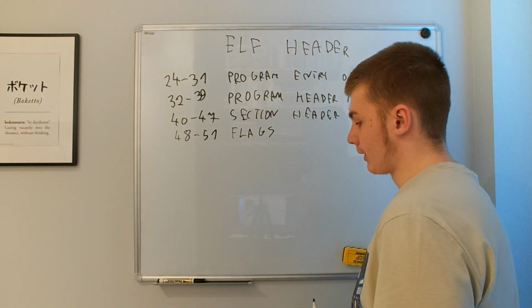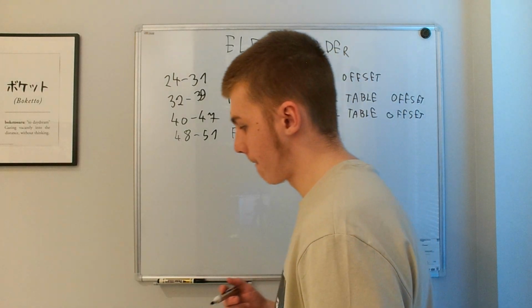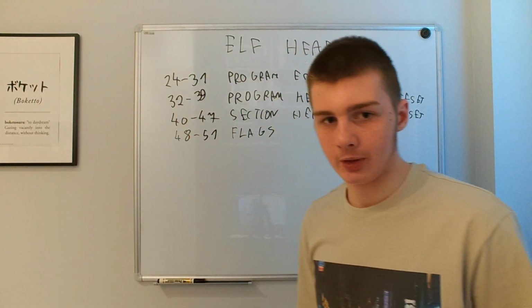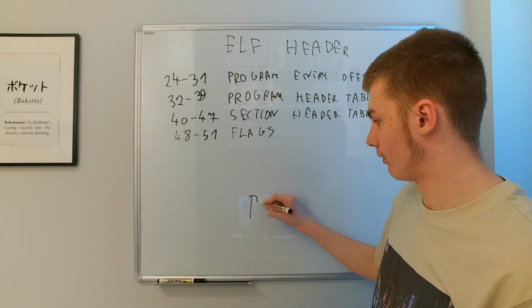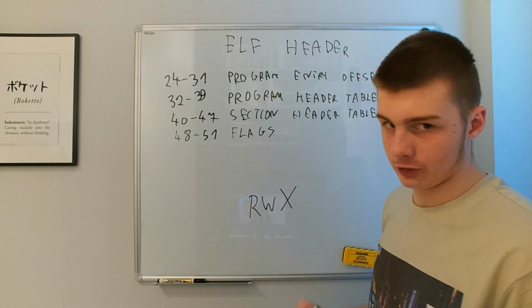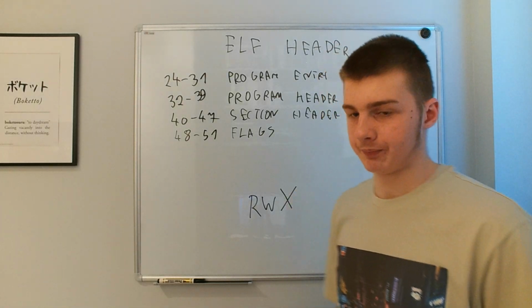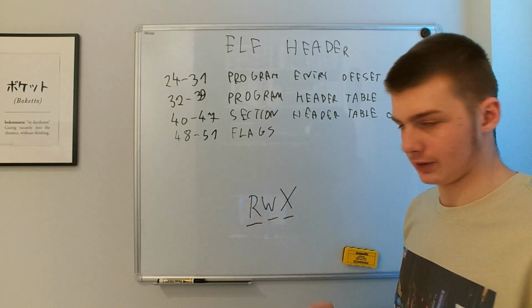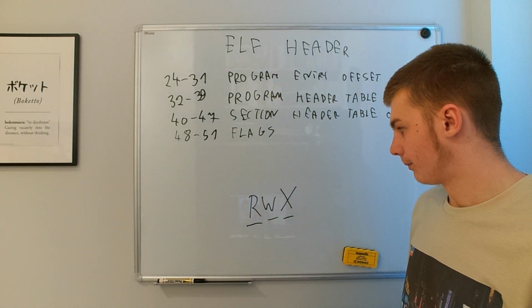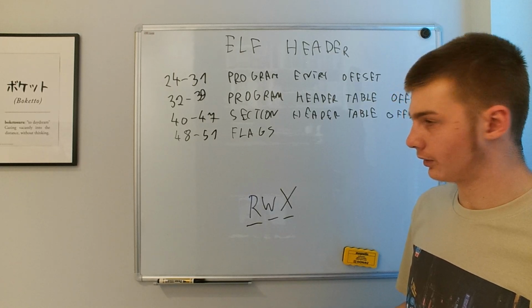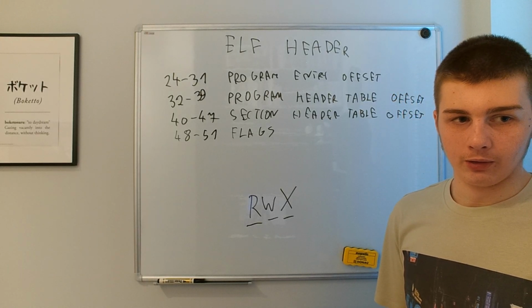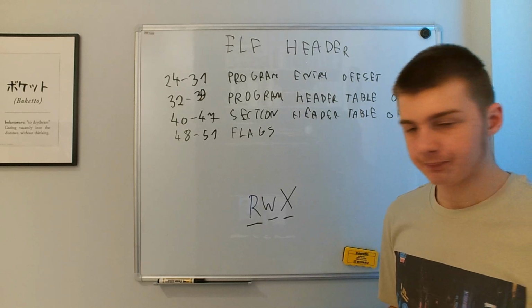So as you might know, Unix-like systems generally have 3 attributes, 3 sort of permissions, 3 sort of security flags, and that is read, write, execute. And they're usually just written in the form of 3 different bits.